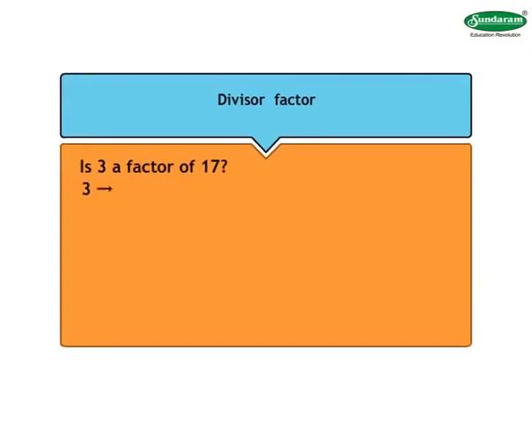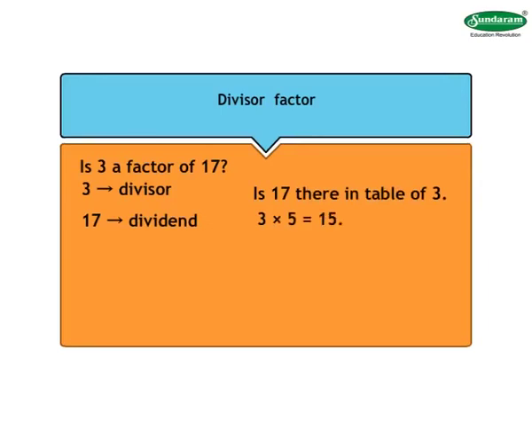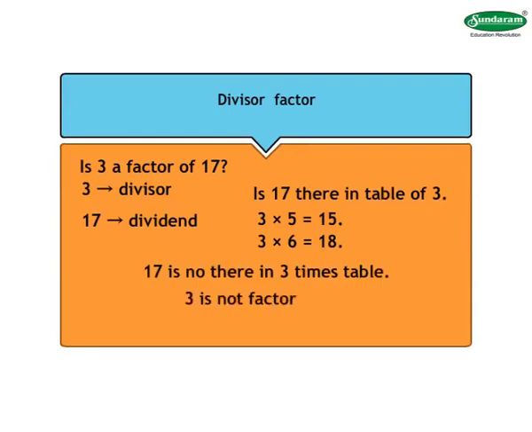Here, 3 is the divisor, 17 is the dividend. Is 17 there in table of 3? 3 into 5 is equal to 15. 3 into 6 is equal to 18. Thus, 17 is not there in the 3 times table. Thus, 3 is not a factor of 17.